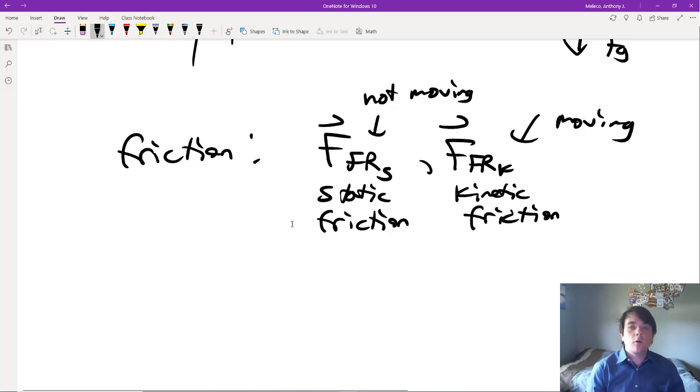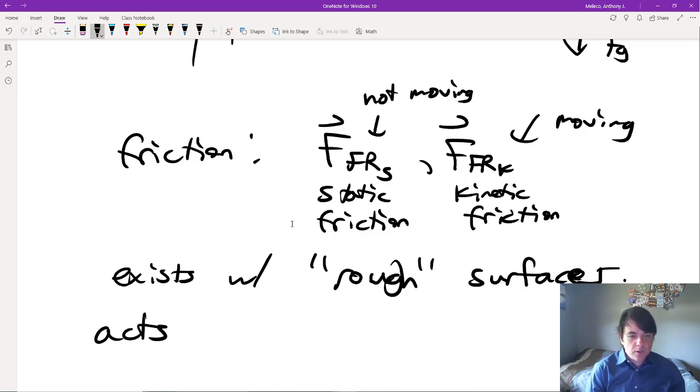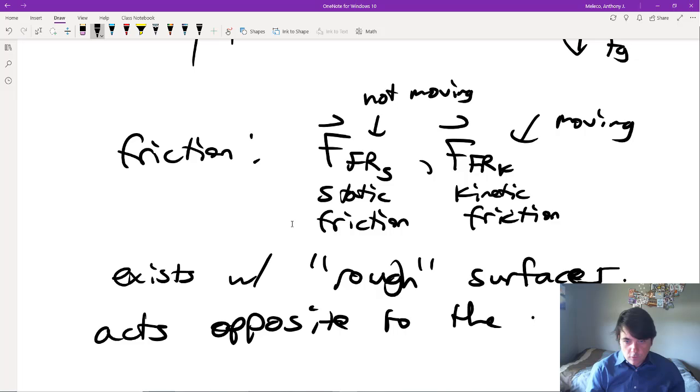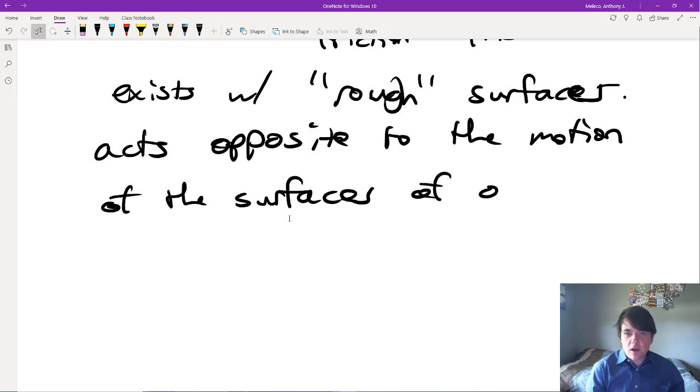Friction exists with rough surfaces. You'll see in problems it's very explicit when there's friction. It acts opposite to the motion of the surfaces of objects. You'll see what I mean by this when we do friction more explicitly.